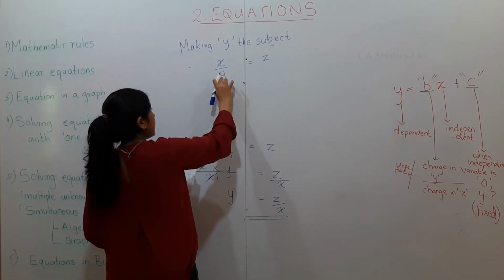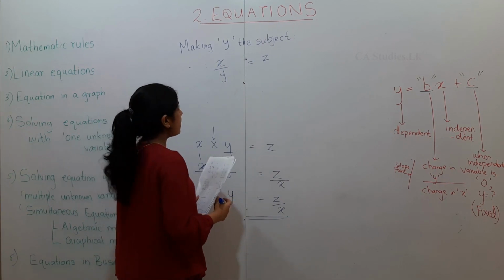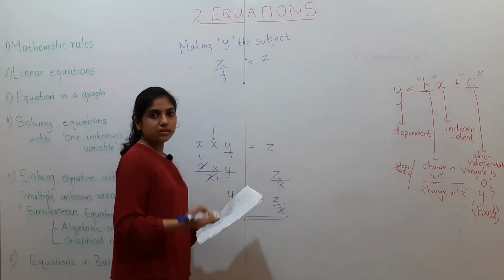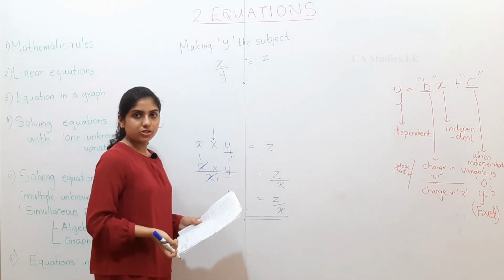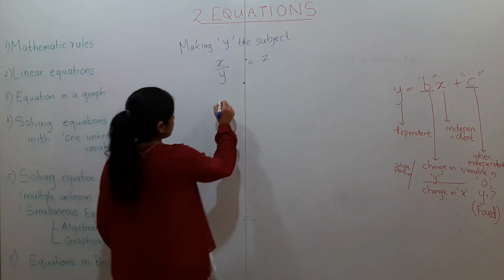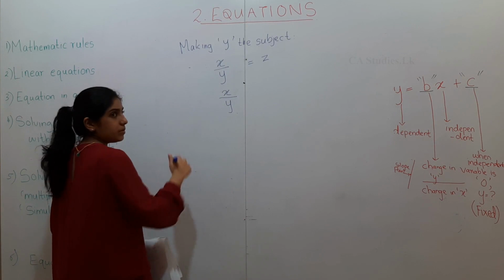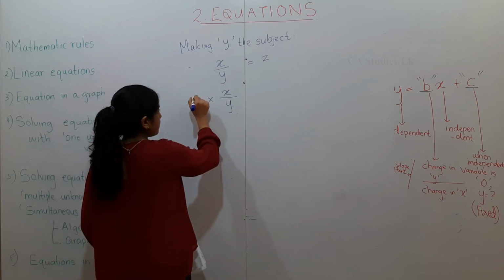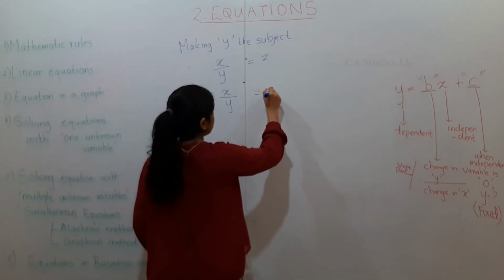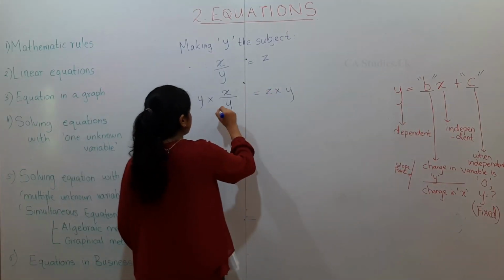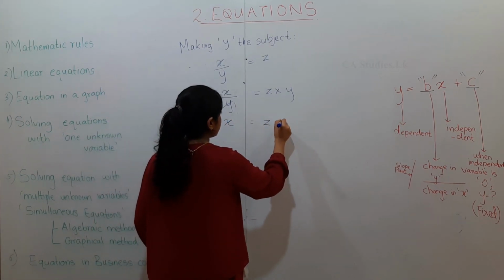First, y is attached to x by the sign division. So we have to get the opposite sign of division, which is multiplication. So multiply by y, and this side also multiply by y. Cancel this y, then you get x equals z multiplied by y.